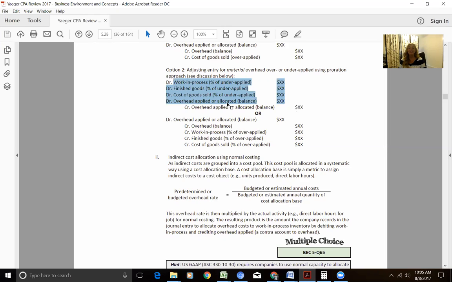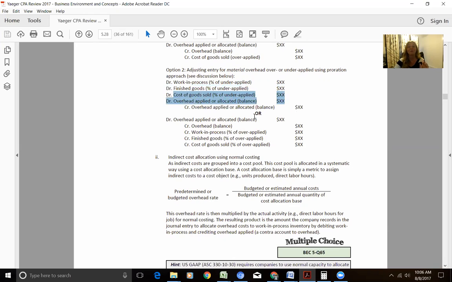So let's just say that our work in process had $3 in it, finished goods had $5 in it, and cost of goods sold had $2 in it. The sum of all of them equals 10, right? I'm just trying to do simple math here for you. That would mean 30% of the balance would go in the work in process, 50% in the finished goods, and then that final 20% in cost of goods sold.